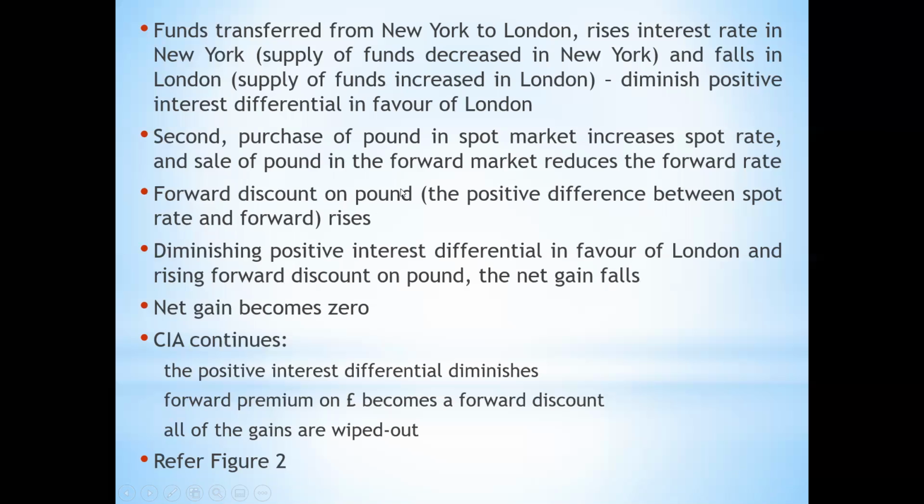They make the forward contract for when the treasury bills mature. Then selling of pounds in the forward market increases, which causes the forward rate to reduce. That's why we see a forward discount on the pound, the positive difference between spot and forward. Now it is increasing. Now you can see why the pound is at a forward discount.